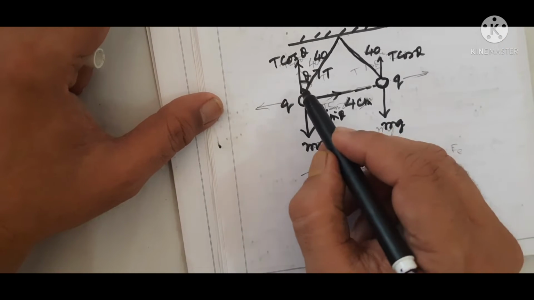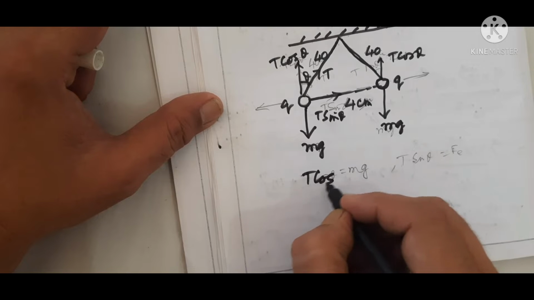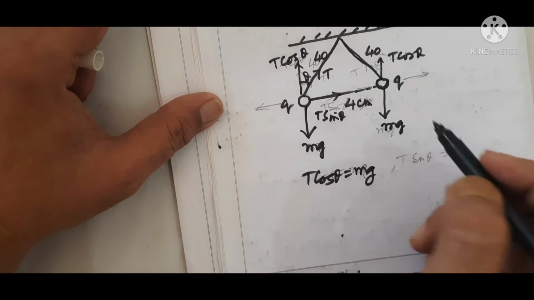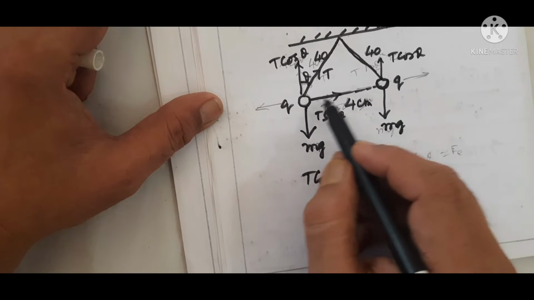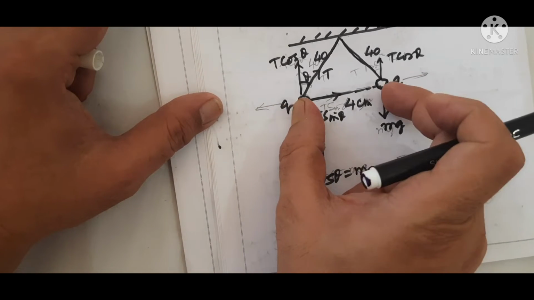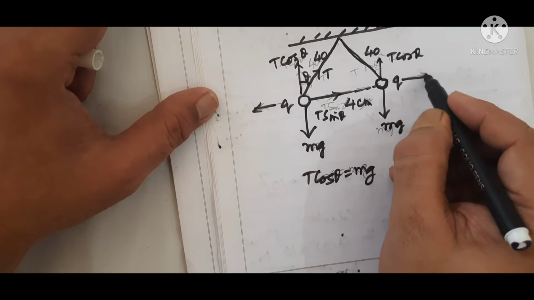So what we are going to observe, the T cos theta is balancing mg. So T cos theta is equal to m into g. And this T sin theta is balancing the repulsive force between these two. Same charges, so the force is acting in this way.